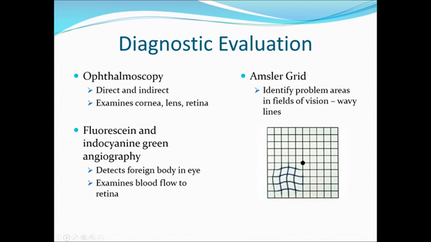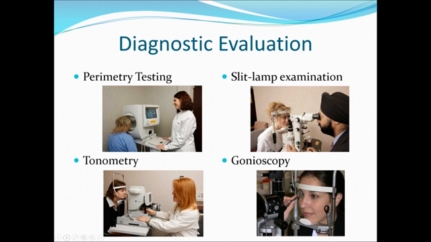The Amsler grid is used to identify problem areas within the fields of vision, where when we're looking at a grid which should show as straight lines, the patient may see it as wavy. That indicates, typically we see that a lot with macular degeneration.